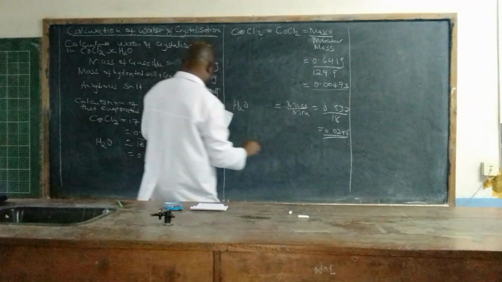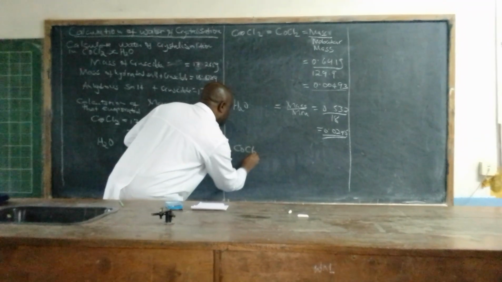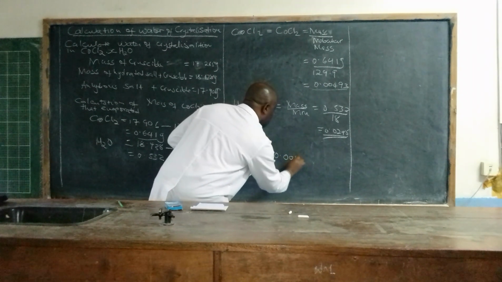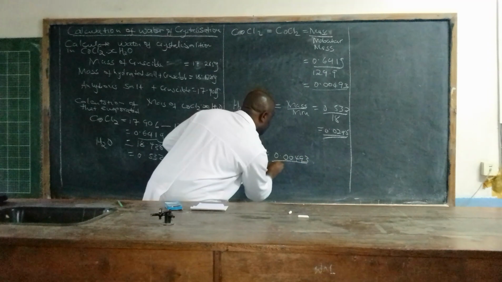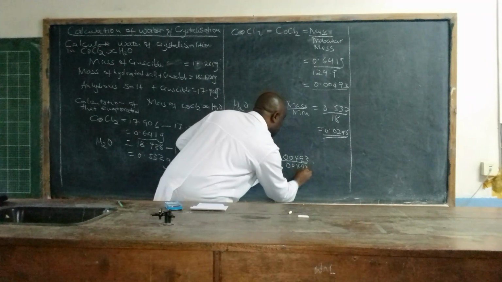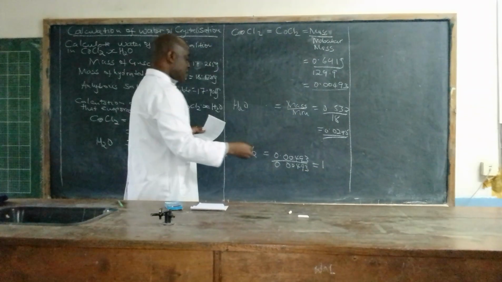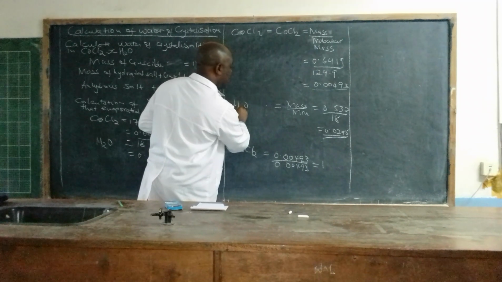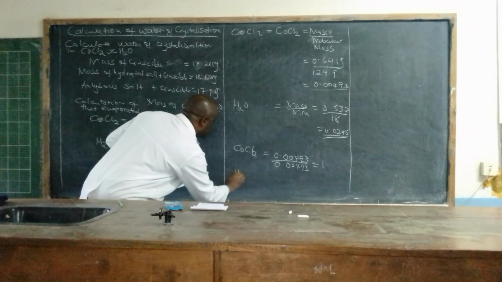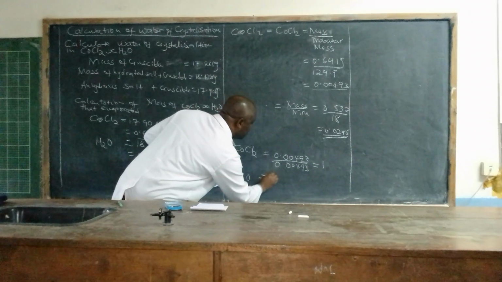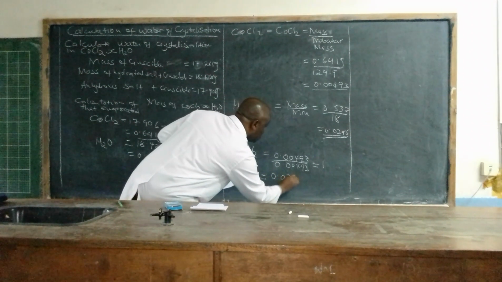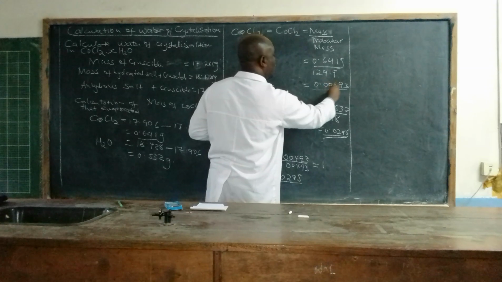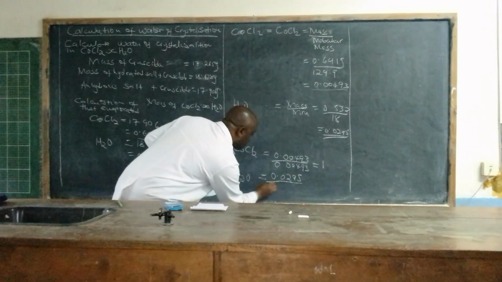So for cobalt chloride, we divide by 0.00493, which gives 1. For water, we take 0.0295 over 0.00493, because we are dividing everything by the smallest value.